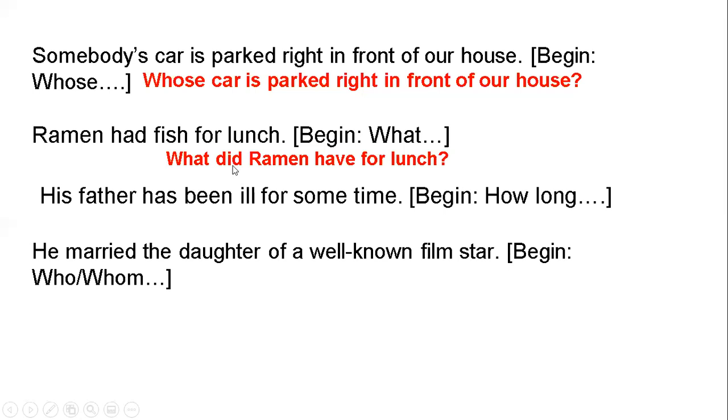Why are we using did? I hope you remember. And we have to change had to have. All right. Another reminder for you why we're using did. If the verb is in simple past tense, use did. Okay? Past tense. Had fish. Finished having. Okay? Done already.